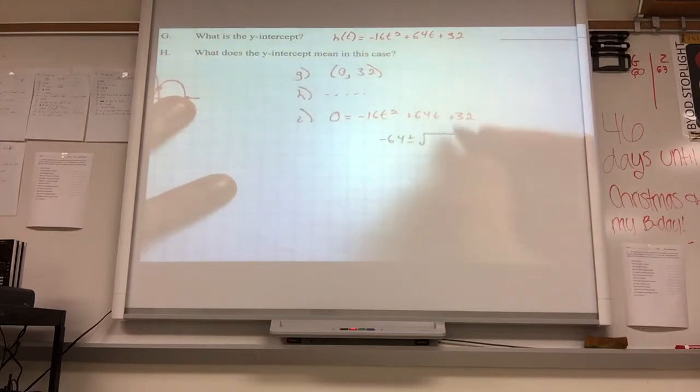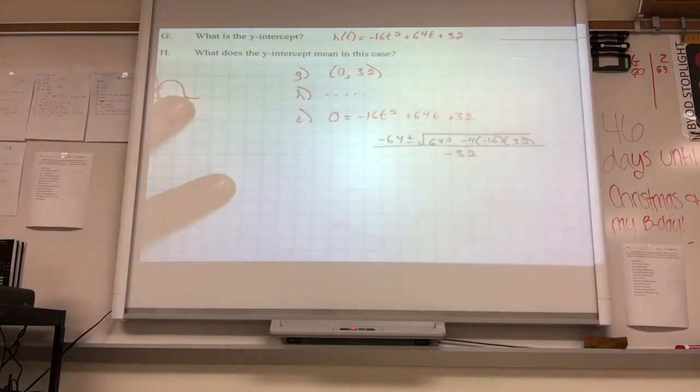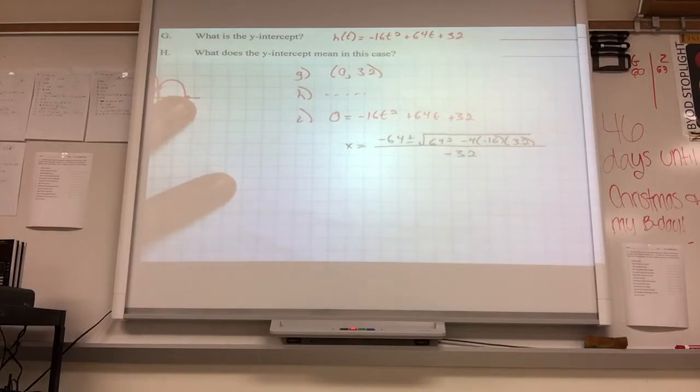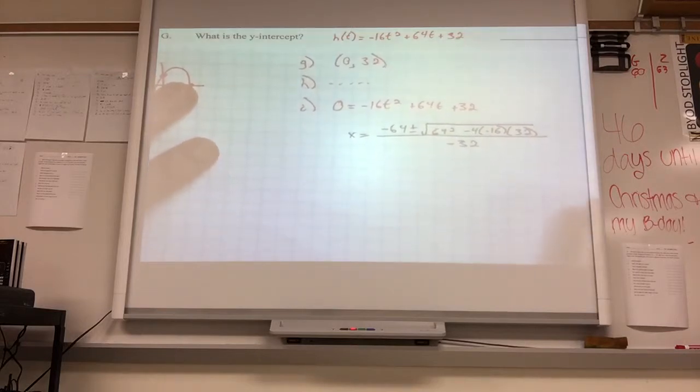But plus or minus the square root of b squared, so that's 64 squared, minus 4 times a times c, all of it over 2 times a. And if I remember from the other classes, this is a pretty ugly answer. It's like negative 0.45 and positive 4.45.